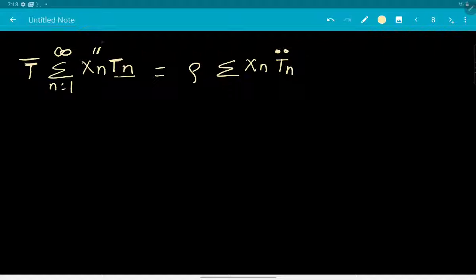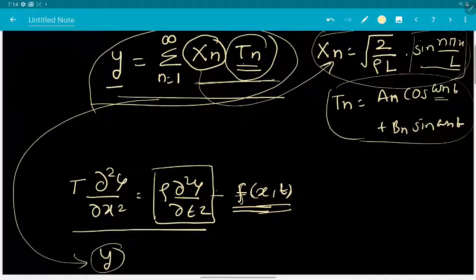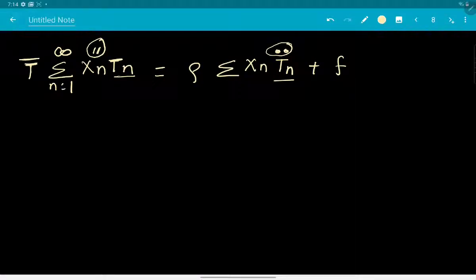When you have space derivatives, you put these lines, and when you have time derivatives, you put these dots. So this is nothing but d square Tn by dt square, plus f of x and t. It should be plus, I made a mistake there.